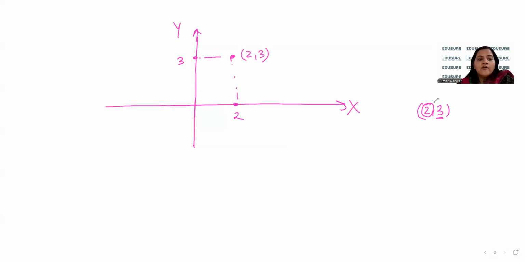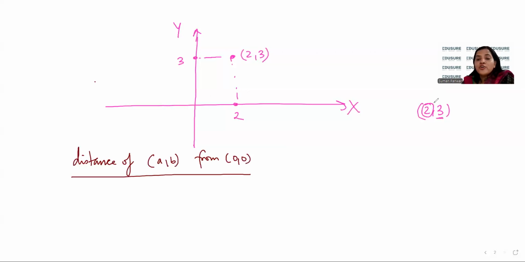Now, what is the distance of any point A, B from origin? We always talk about absolute value of a number on a real line. We have already studied that if this is my reference point 0, this is x, the absolute value of x was the distance of x from 0.